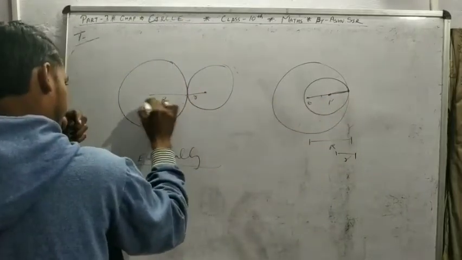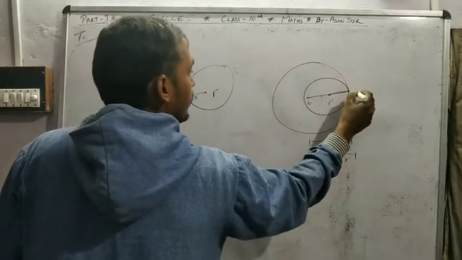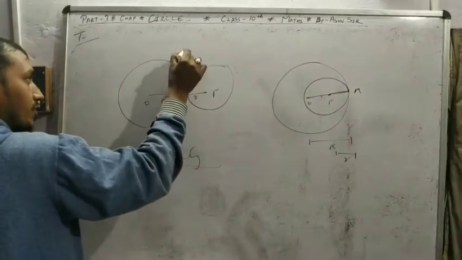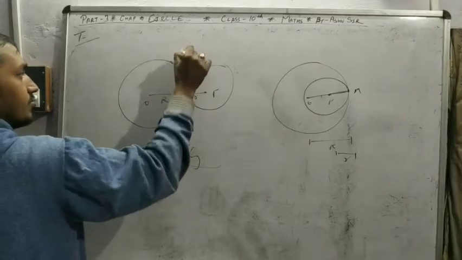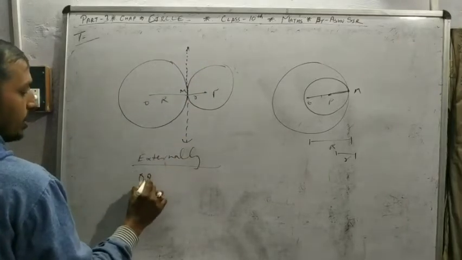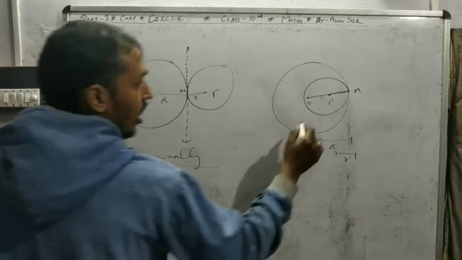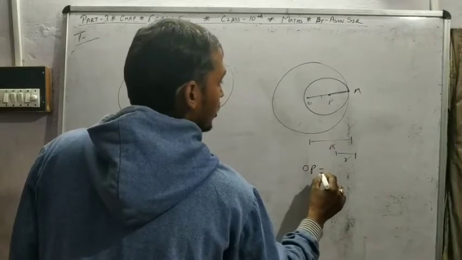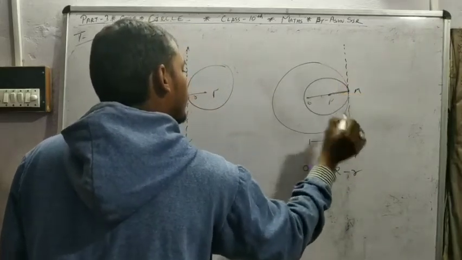Suppose they touch at M. So both have a common tangent, just like this. The distance between the two centers OP is R plus r for external touching, and R minus r for internal touching, and the common tangent is this.